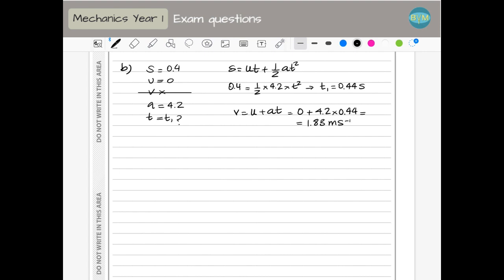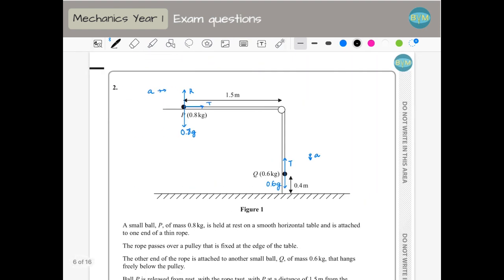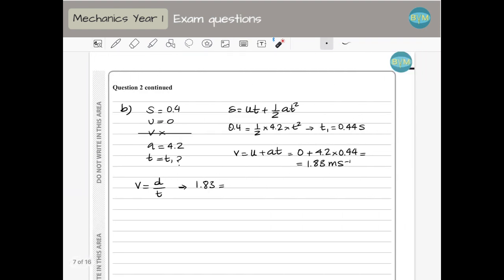For the second time, we know it's constant velocity motion, so velocity is going to be distance divided by time. My velocity is 1.83. My distance is 1.5 minus 0.4, so 1.1 meters, divided by the time it takes. From here I find the second time.